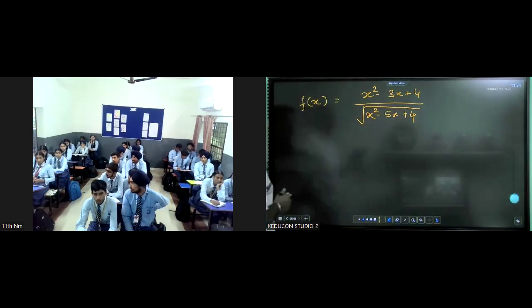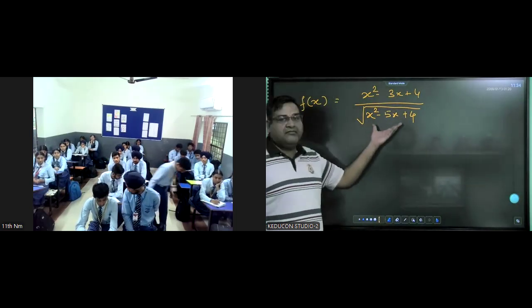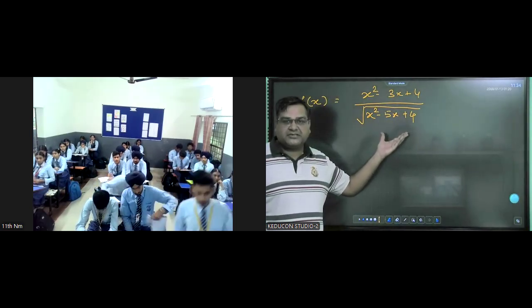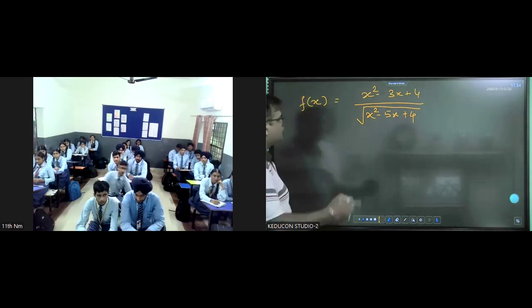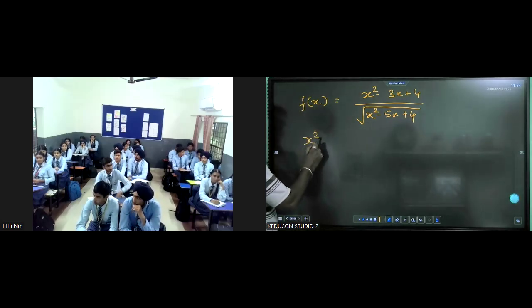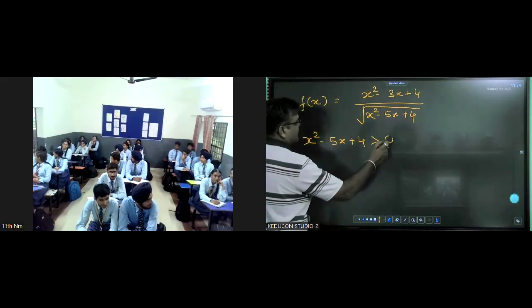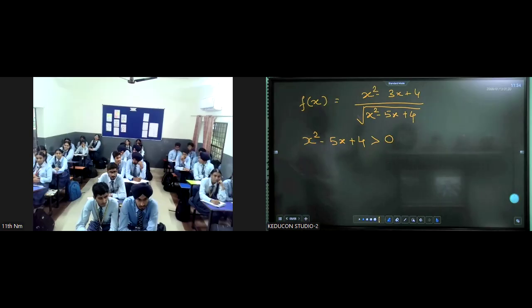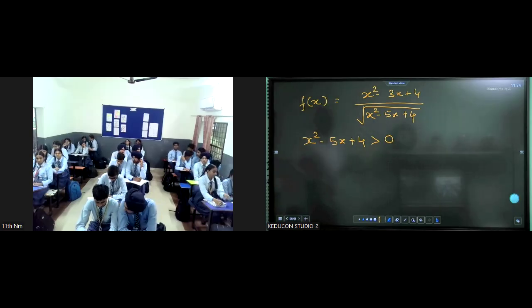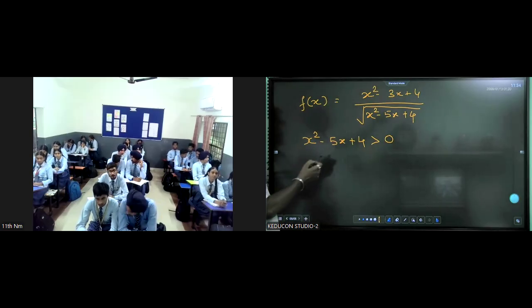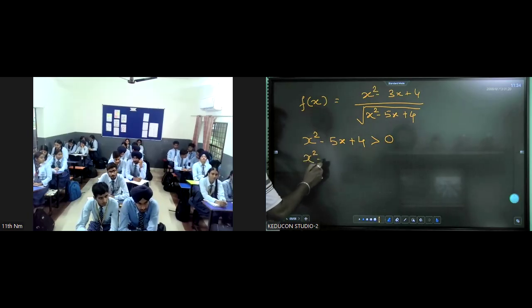Let's look at how to do this. See, we have to apply both the conditions. So this should be greater than 0. Right? So you just factorize this part. Can you factorize?